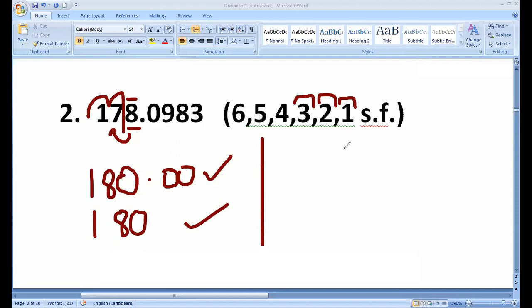Who wants to do number 1? Sir, let me try. All right. So you're going to move one place to the right. And because the 7 is greater than 5, you're going to add 1 to the 1.